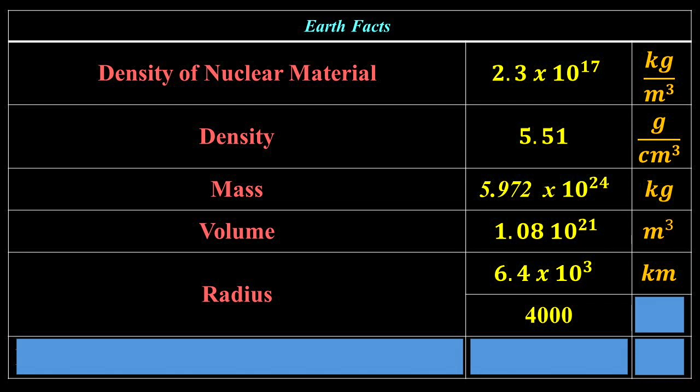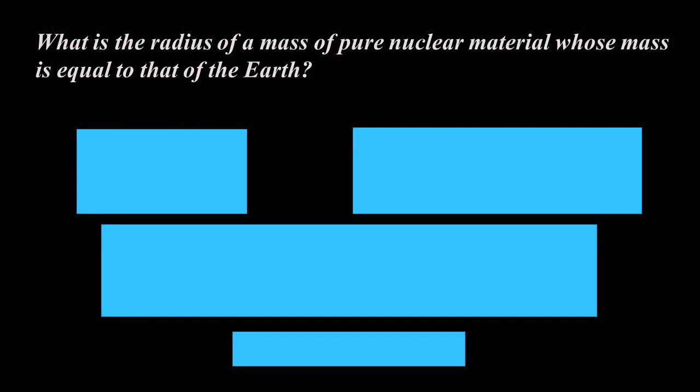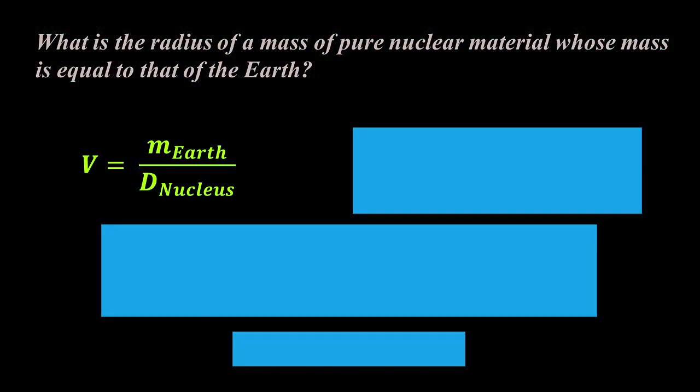So, now what we want to do is solve for the radius of the Earth if it were pure nuclear material. What is the radius of a mass of pure nuclear material whose mass is equal to that of the Earth?